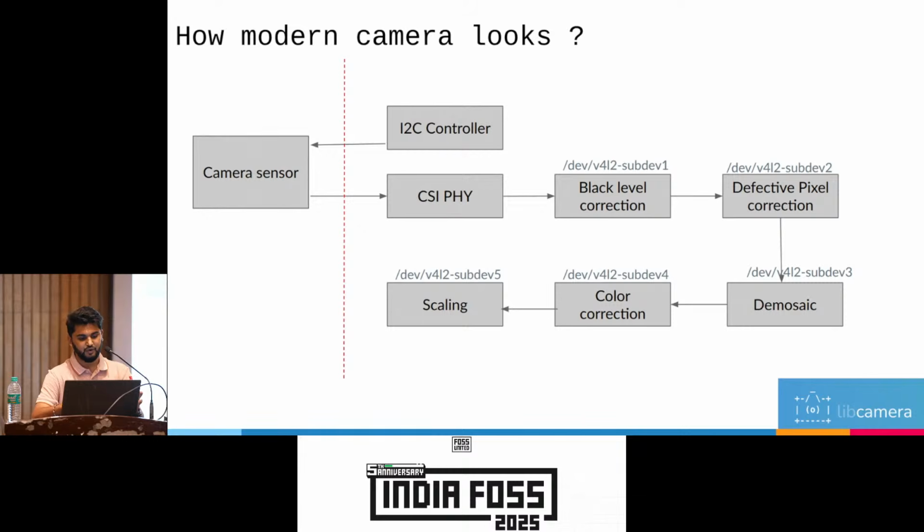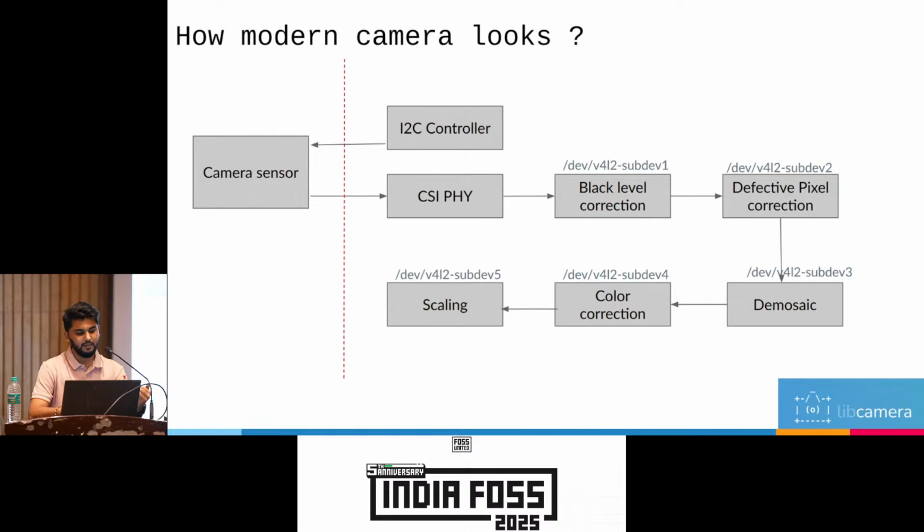These are the hardware blocks. The left side of the dotted line is the external camera sensor. Let's move through how this modern camera works.